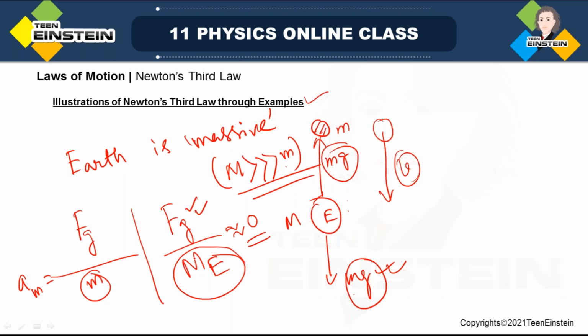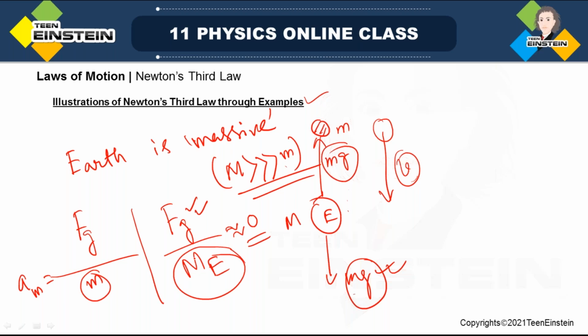So we don't see any change in the momentum or velocity or motion of the earth itself. That's why we cannot feel that the earth also experiences a force like this reaction.